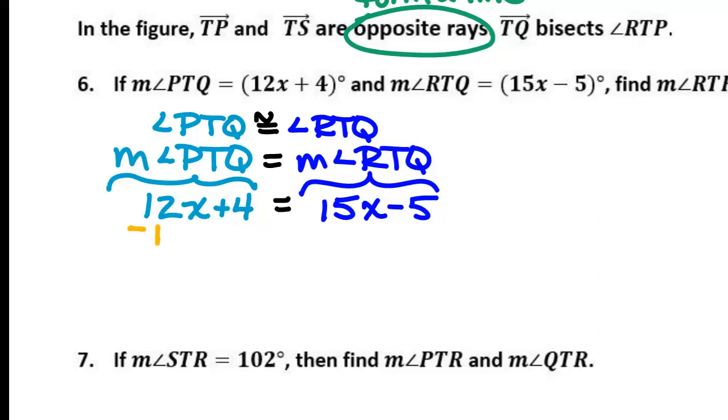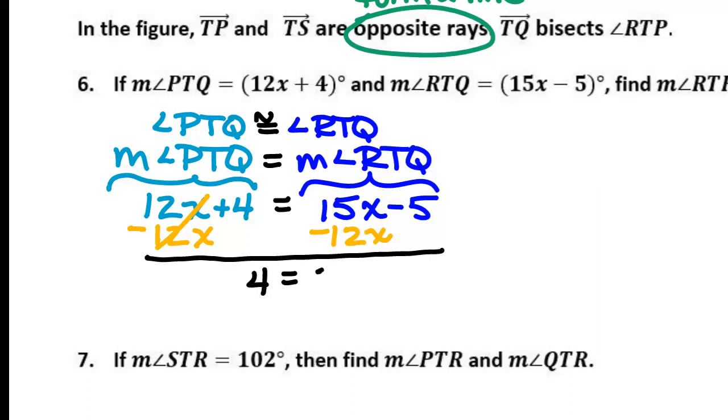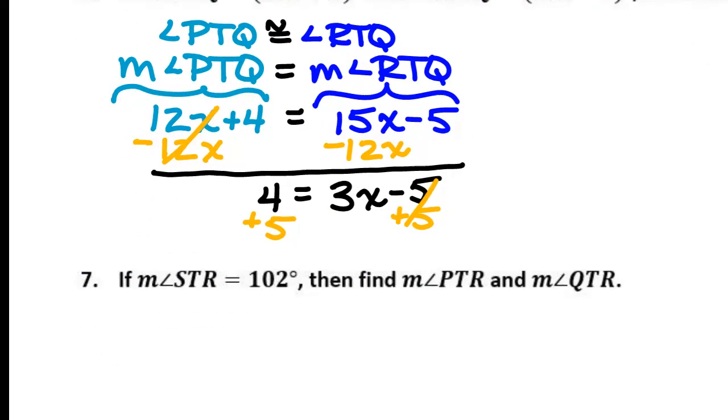First thing I need to do is get my x's on the same side. So I'm going to subtract 12x from both sides. That leaves me with a 4 on the left-hand side and 3x minus 5 on the right-hand side. Absolutely correct. Add 5 to both sides. 4 plus 5 is what? 9.